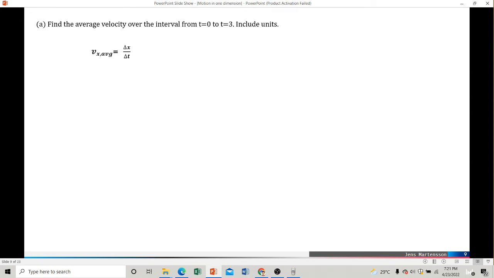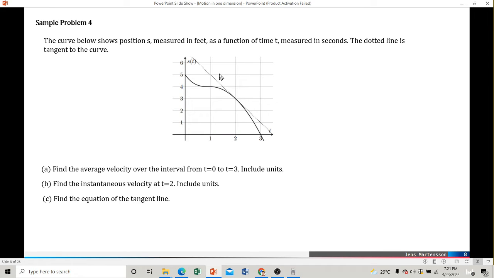When the time is equal to 3, the position shown in this figure is at 0 meters.